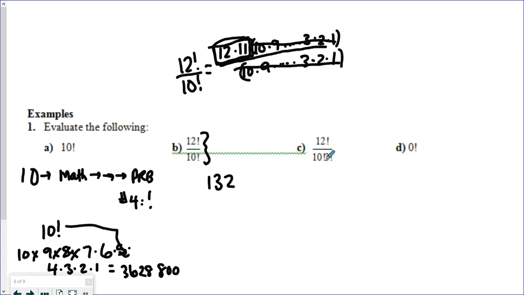12 factorial divided by 10 factorial times 3 factorial. So I know that this is kind of the same as we had before, so 12 factorial divided by 10 factorial.